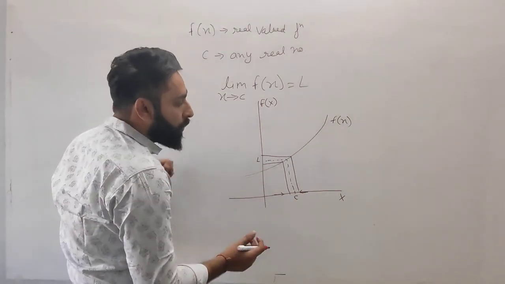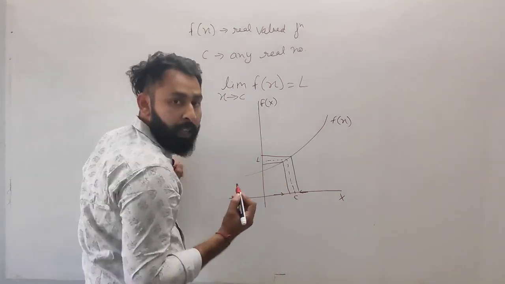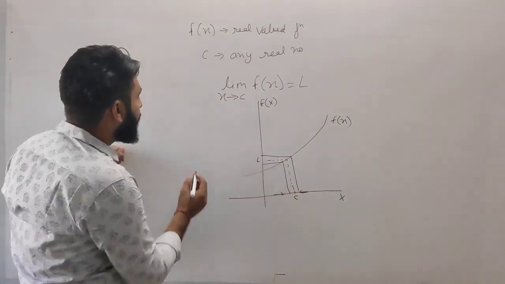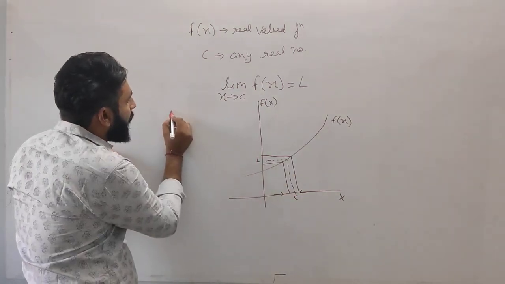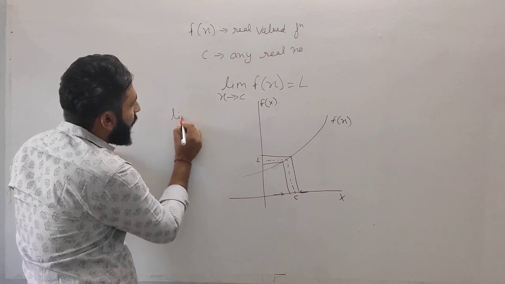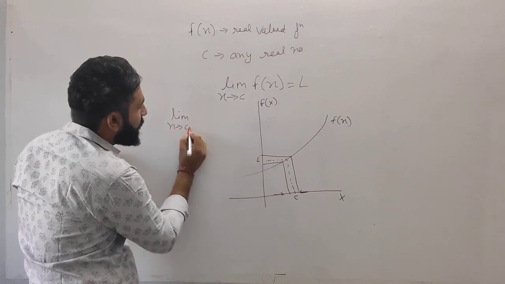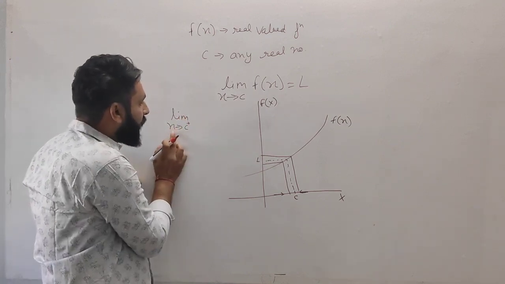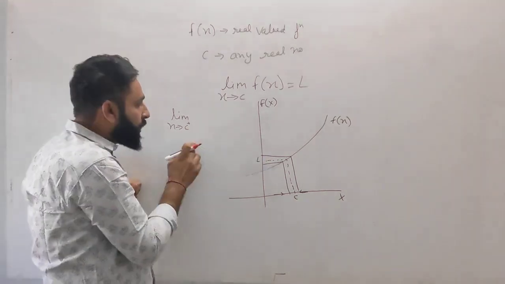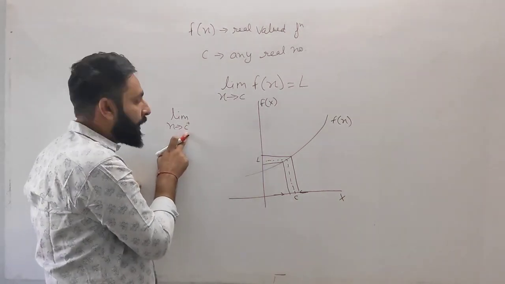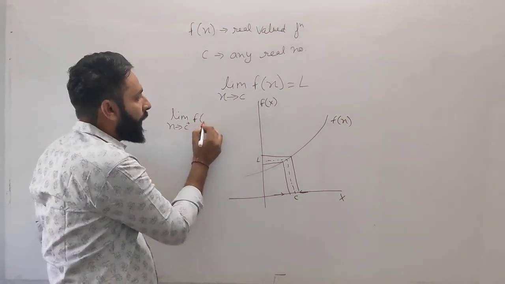Okay? So when we calculate the limit from the right side, we say limit x tends to C plus. This means that we are approaching C from the right side of f of x.